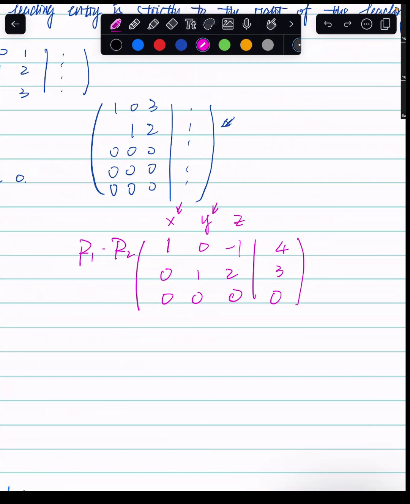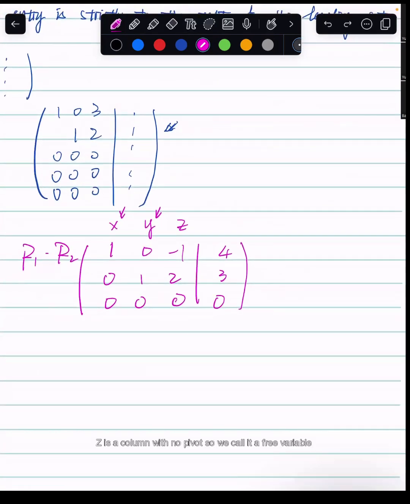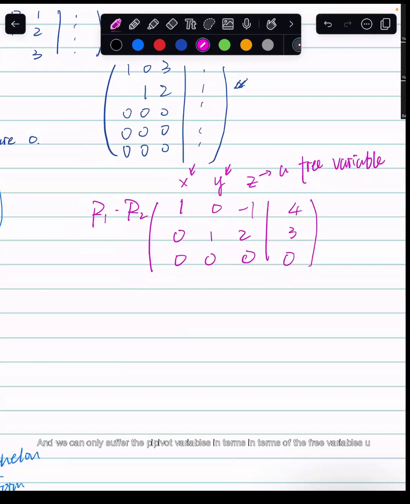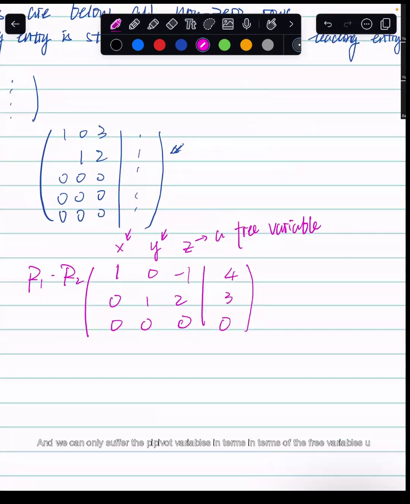But z is a column with no pivot, so we call it a free variable. And we can only solve for the pivot variables in terms of the free variables.